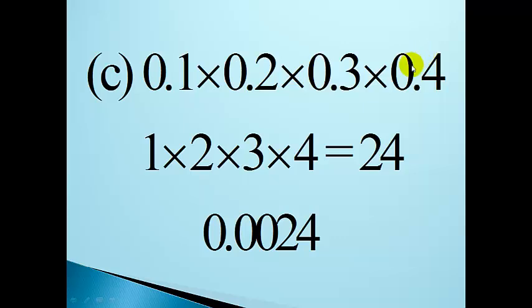So we have 4 decimal places in all. That means 24 into 4 decimal places will be 0.0024, because the number of digits after the decimal point is the number of decimal places.